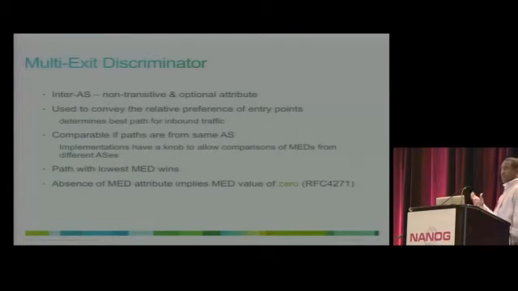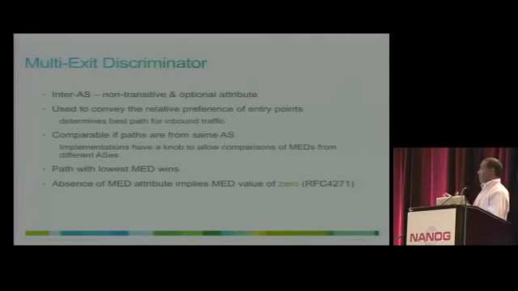So again, multi-exit discriminator is between autonomous systems, not within an autonomous system. After it is received by a border router, it will be advertised to all IBGP peers, but that value will not be advertised to another service provider.